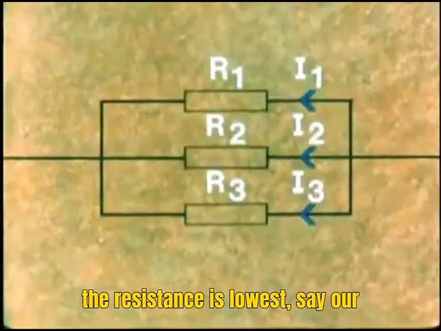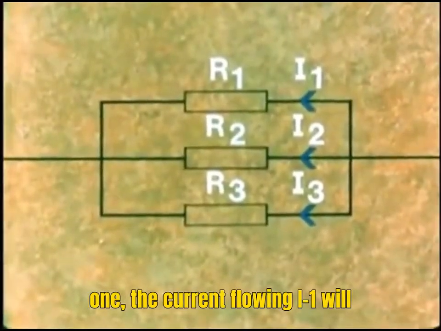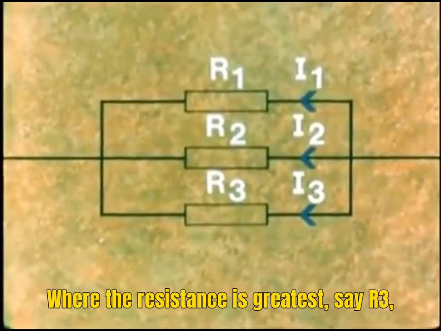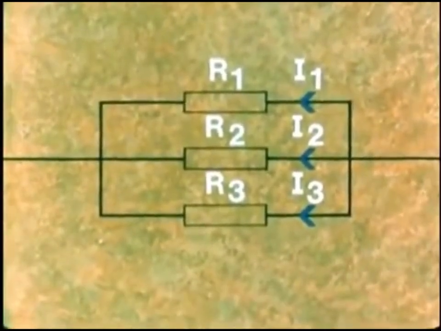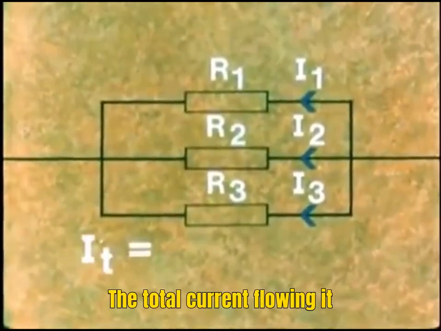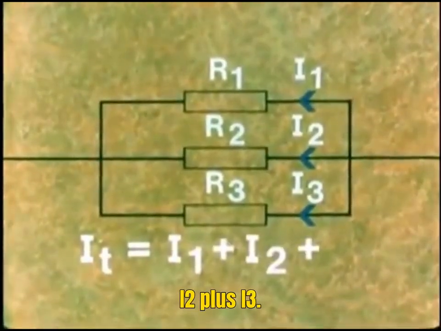Where the resistance is lowest, say R1, the current flowing, I1, will be greatest. Where the resistance is greatest, say R3, the least current will flow. The total current flowing, IT, is equal to I1 plus I2 plus I3.